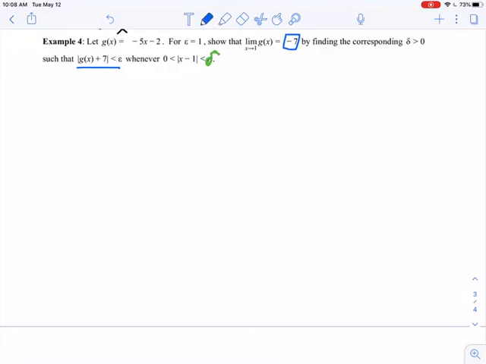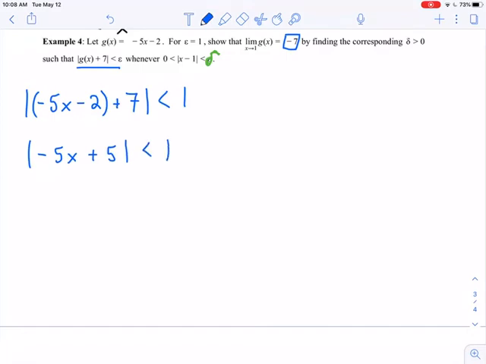So let's take g of x and plug this in. The absolute value of negative 5x minus 2, which is my g of x, plus 7 is less than epsilon, which in this case is 1. We'll simplify what we can on the inside of that absolute value: negative 2 plus 7, I've got plus 5, is less than 1.